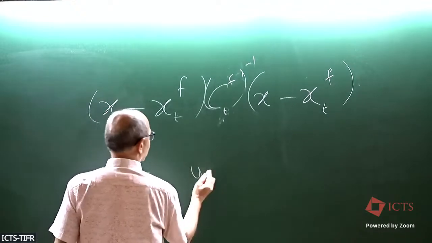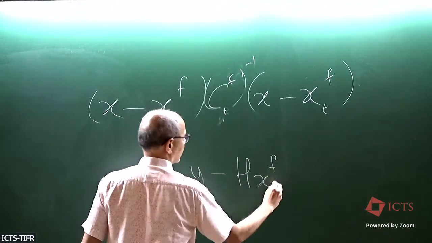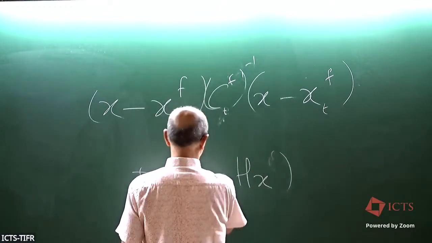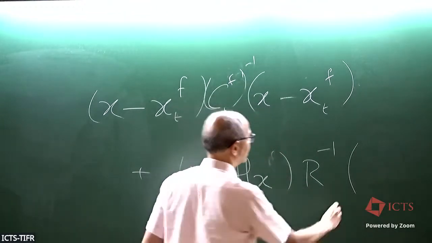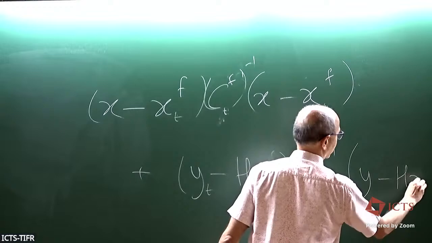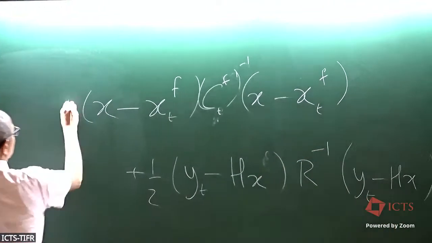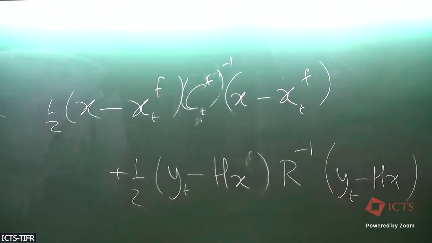And I want to do the same thing for the observation: yt minus Hx, again weighted by the covariance of it. And half, why not? And write this as a function of x.